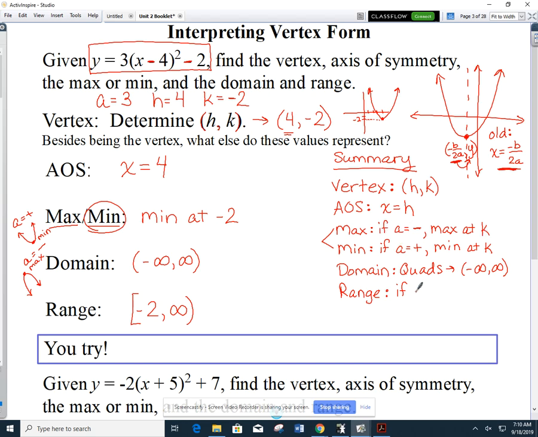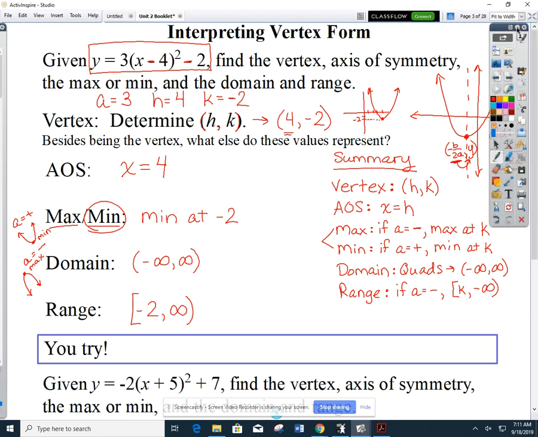If A is a negative, your range is going to be starting at K. That's going to be your highest point, and it's going to go down forever. And this is really written backwards, so it should be written least to greatest, but you can write it next to it as long as you know that they mean the same thing.